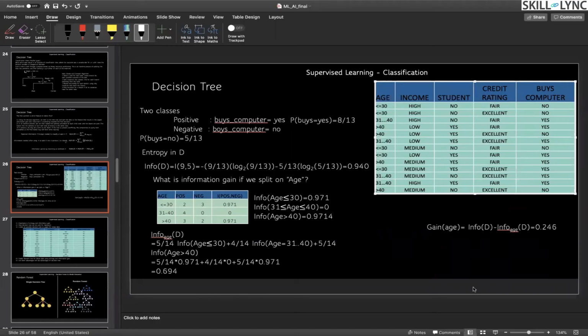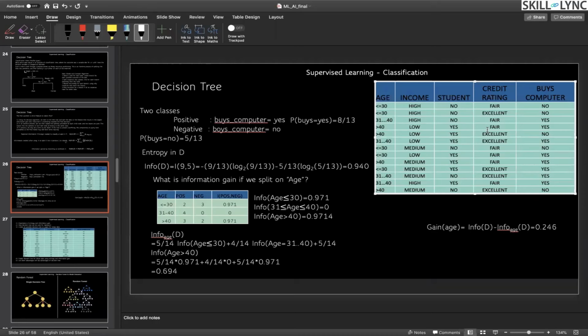What information gain tells us is how much information is gained with respect to the column age in determining the output. If I'm calculating the information gain for income, it means how much information is gained while predicting the output with respect to the column income. Similarly for student and for credit rating. We have to calculate that for all four columns. We'll be calculating the information gain tomorrow.